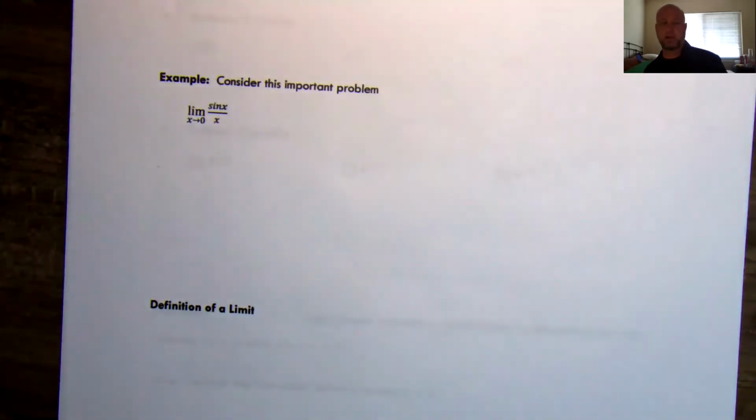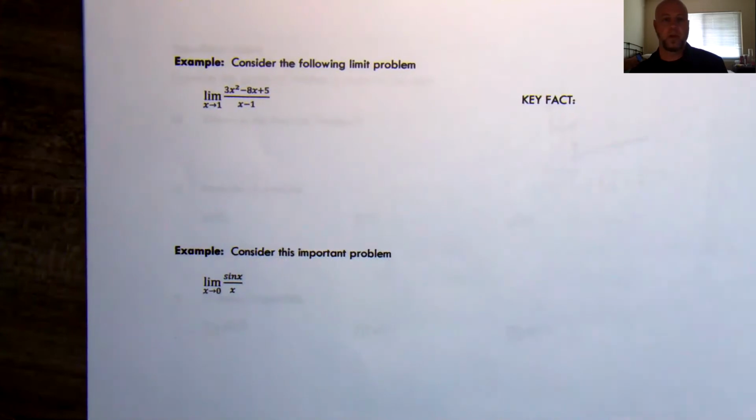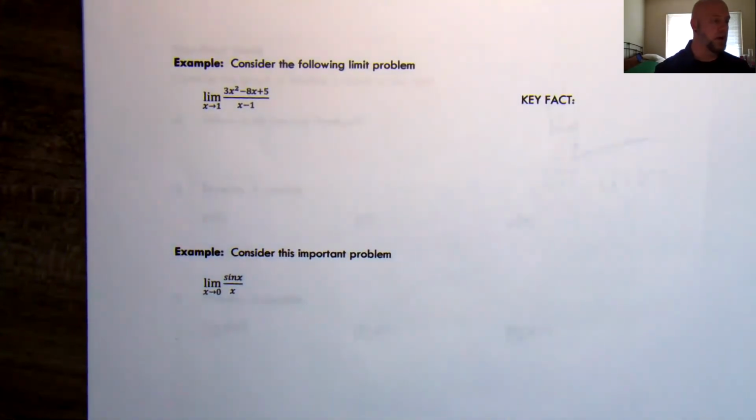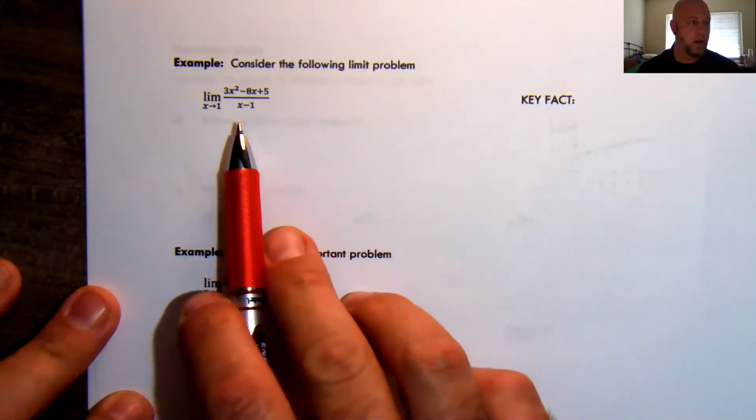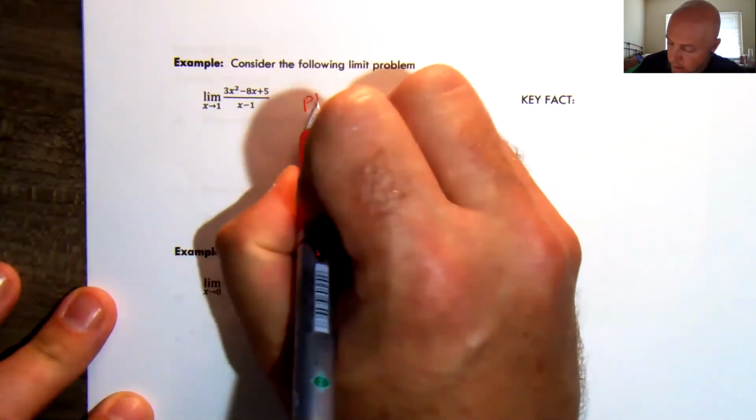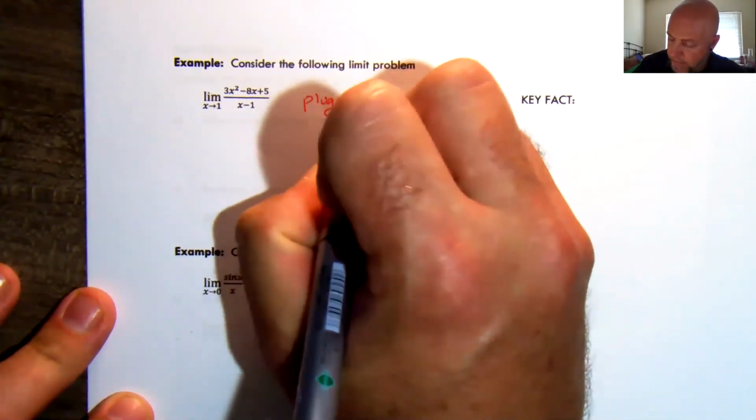All right, let's look at another example. Here we have a new limit problem. And if we try our direct substitution rule, plug it in, what happens?